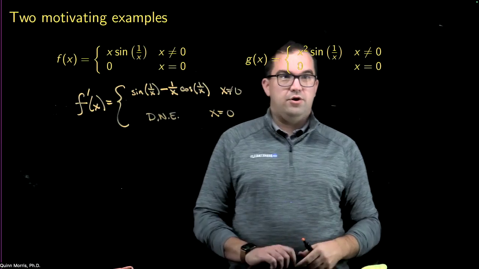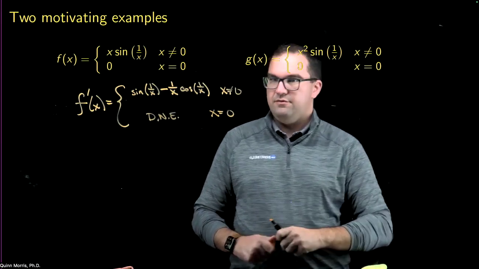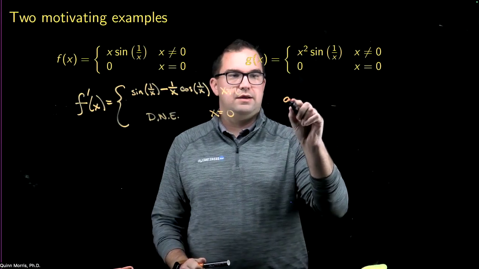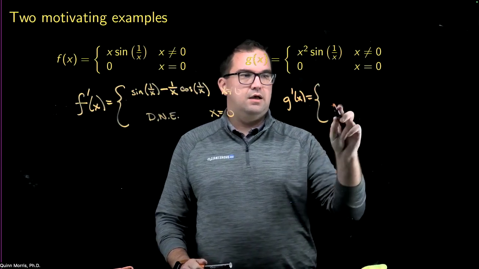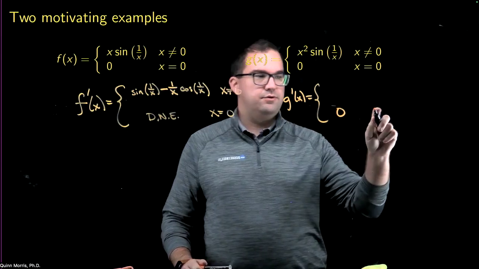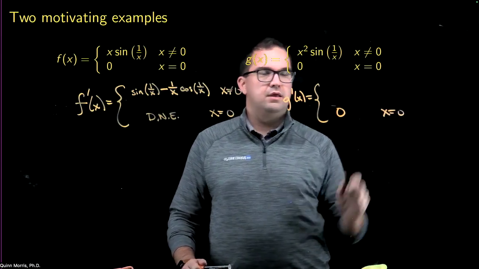All right, over here for the function g, if I wanted to do something similar, I could say g prime of x. Well, we calculated that to be 0 when x is equal to 0.